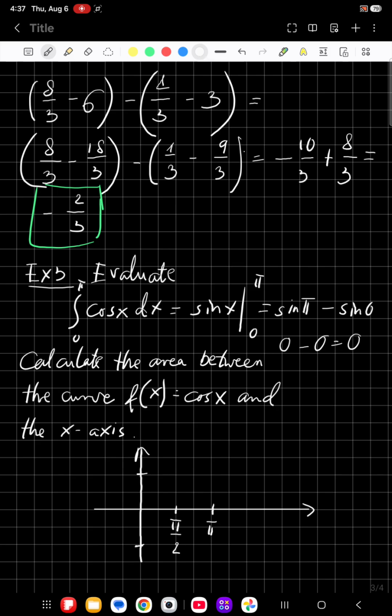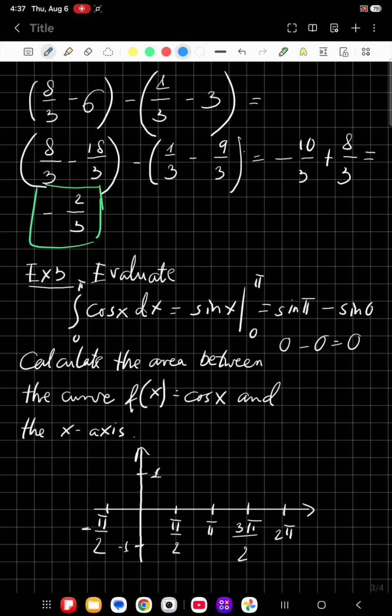And this is pi. And this would be 3 pi over 2. For practice, you can just sketch that graph between negative pi over 2 to 2 pi. You can pause the video and try, see if you can do it from negative 1 to 1.